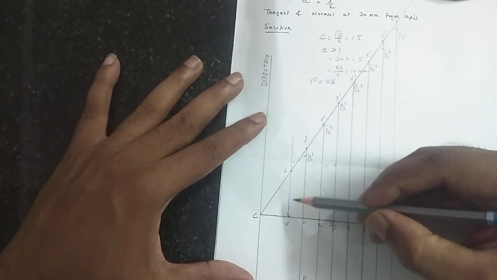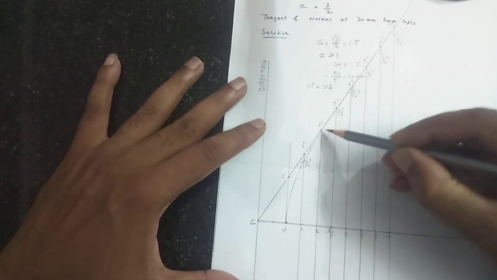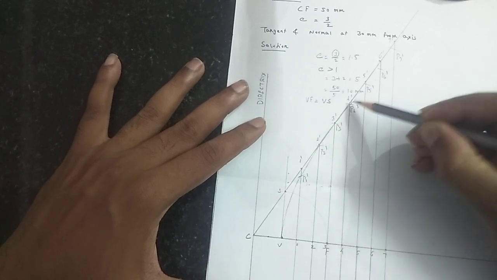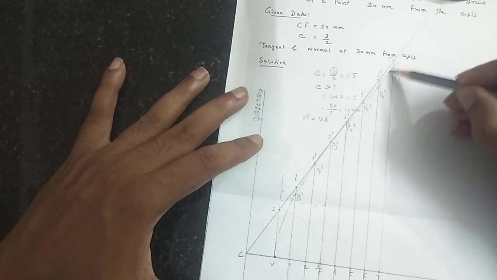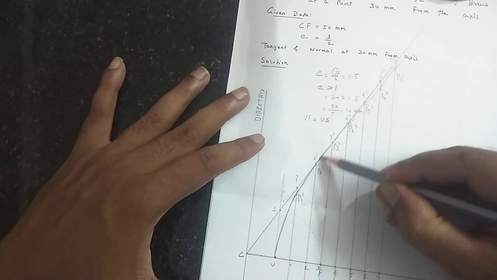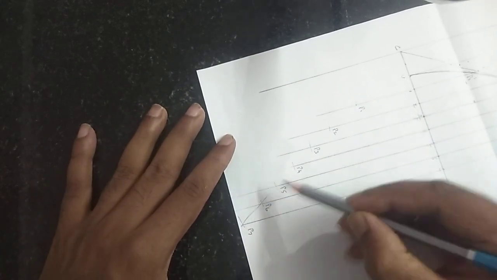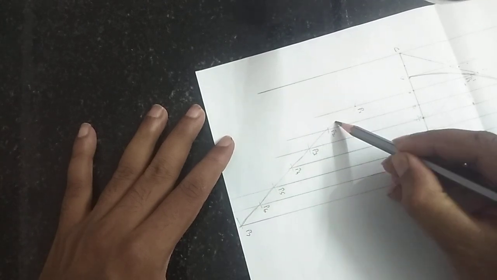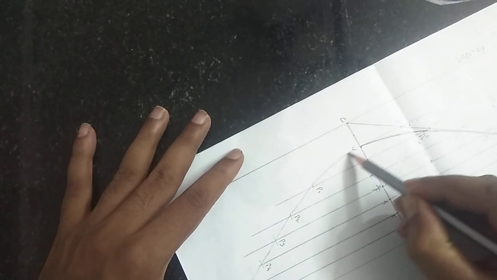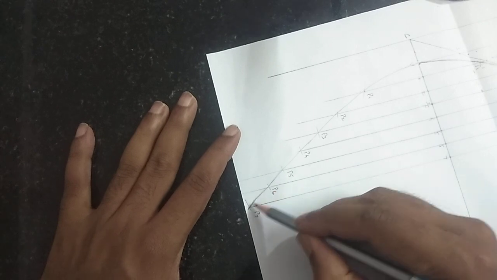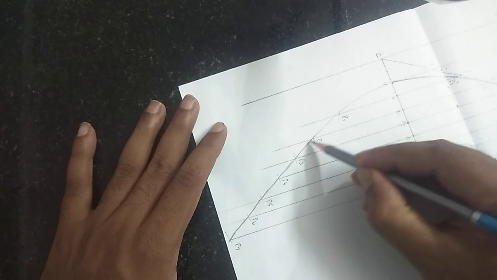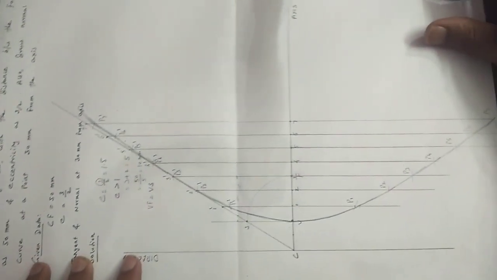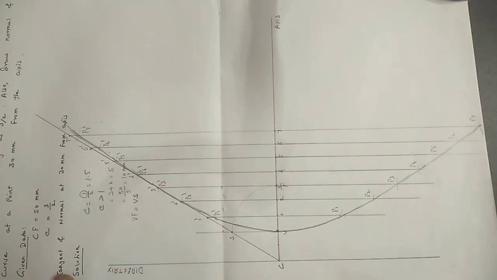So first you draw lightly and then you darken the curve. So this is the hyperbola curve.